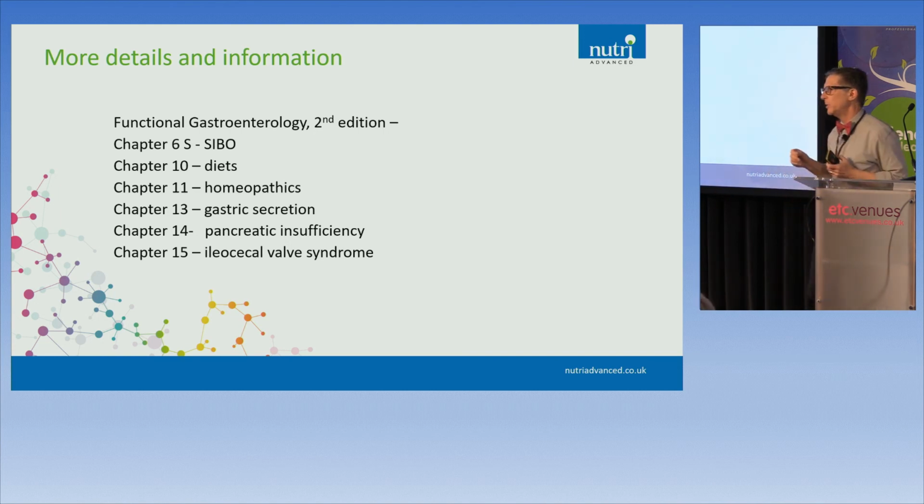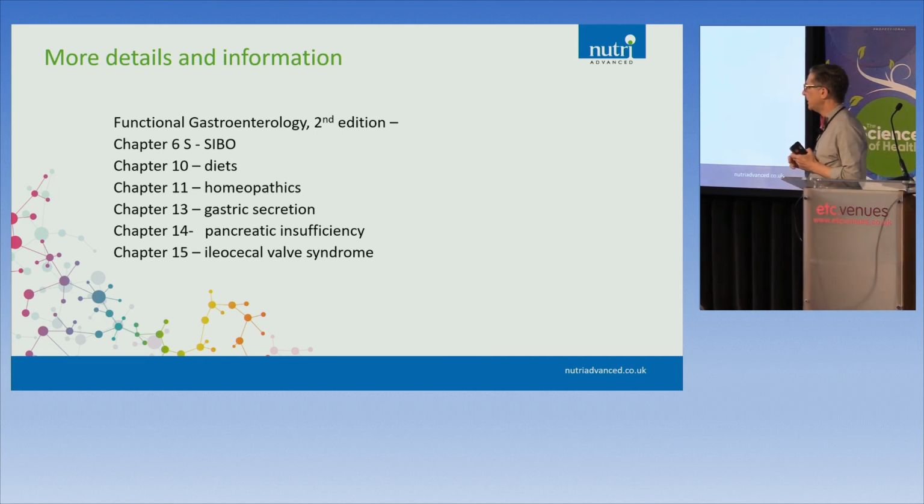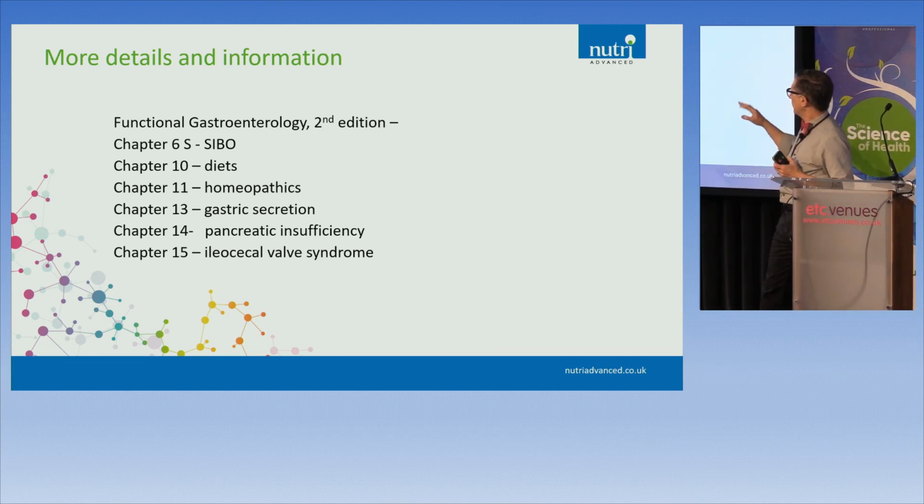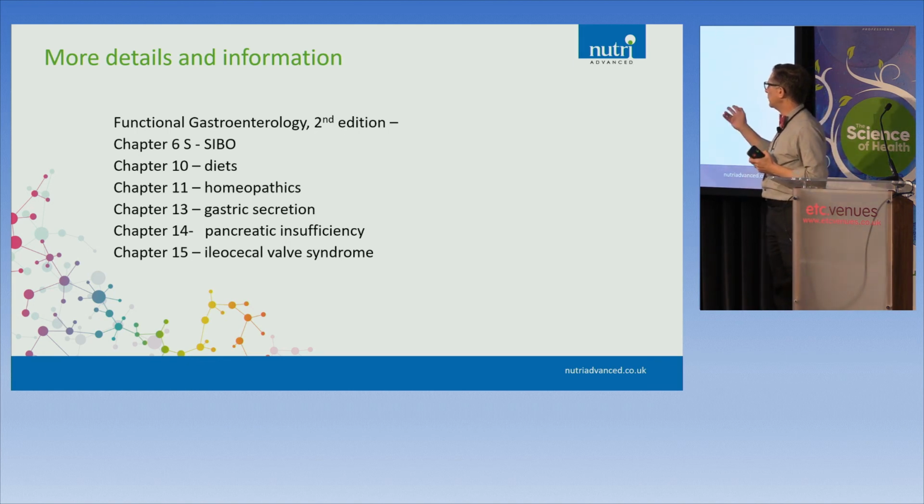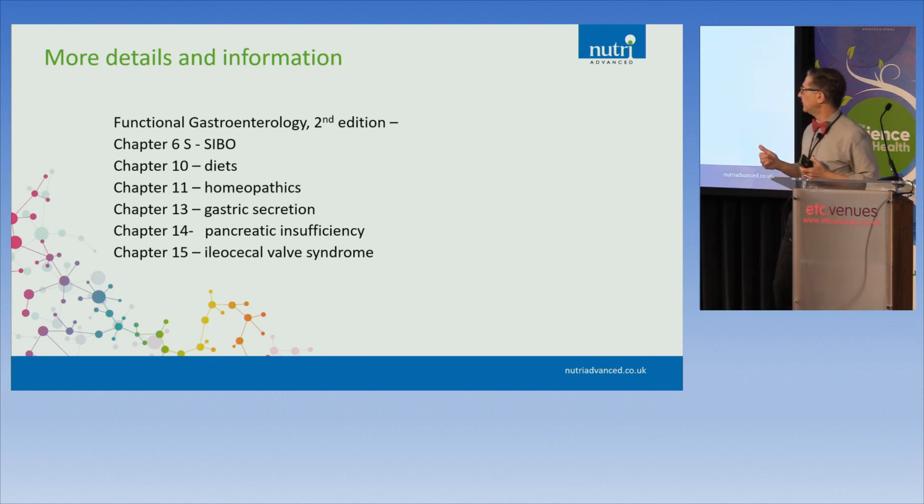Chapter 11 is on homeopathics for GI, bloating, and other symptoms. Chapter 13 on gastric secretion and hypochlorhydria, achlorhydria. Chapter 14 on pancreatic insufficiency, and 15 on ileocecal valve syndrome.